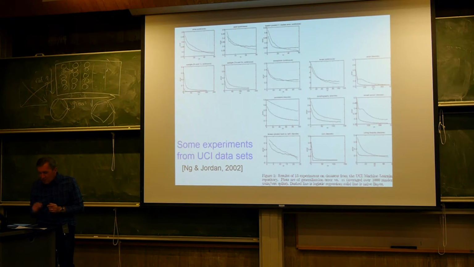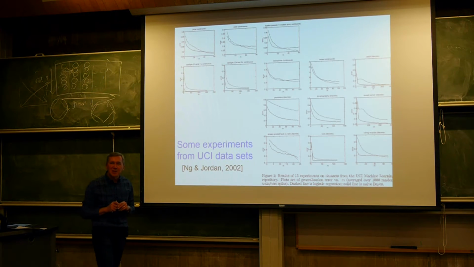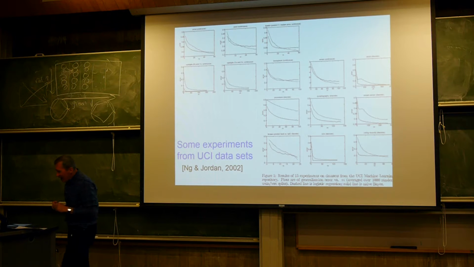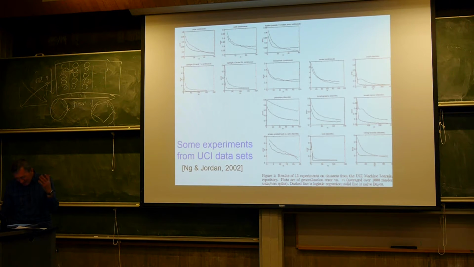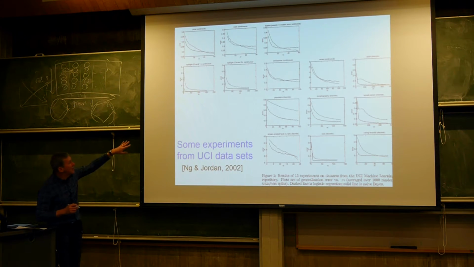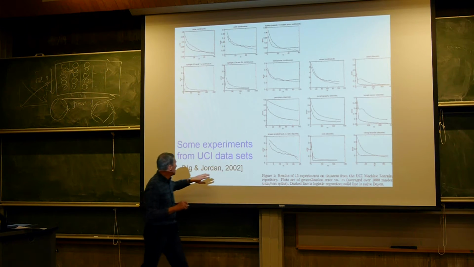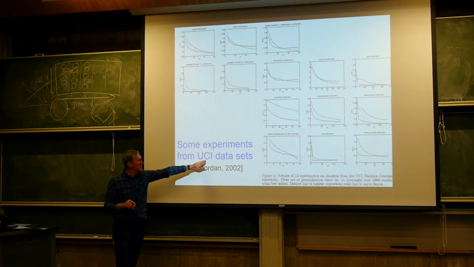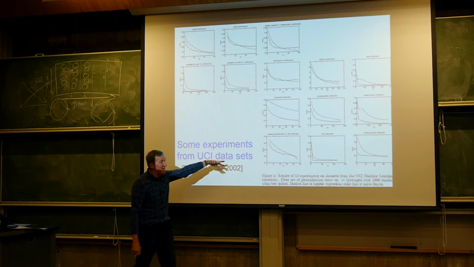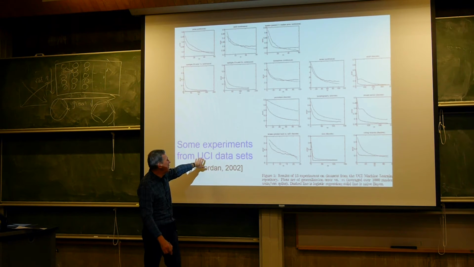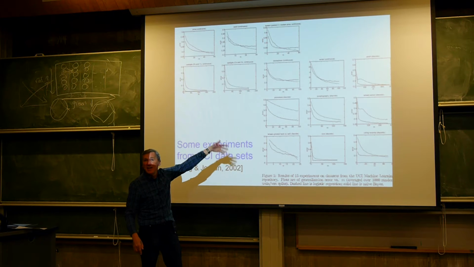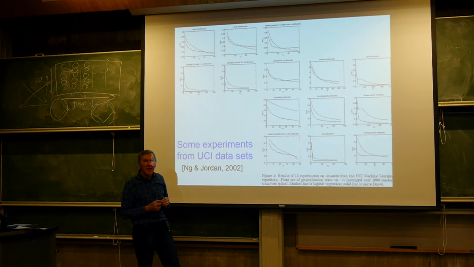So they did some experiments to explore this on some real data sets. And here they are for, I don't know, a dozen or so different data sets. These were taken from a repository, the UC Irvine repository of machine learning data sets, which you can download and play with yourself if you ever want to try out algorithms on a variety of data.